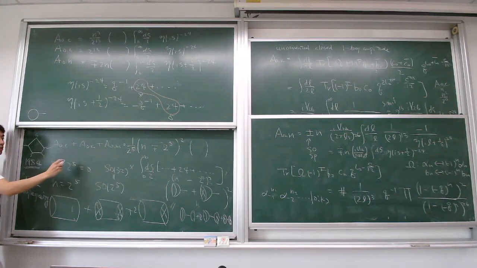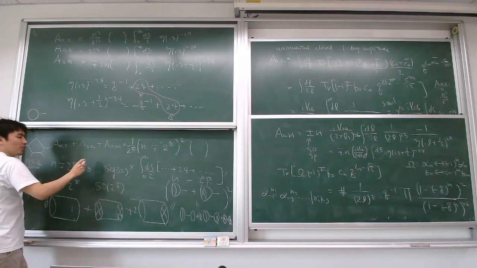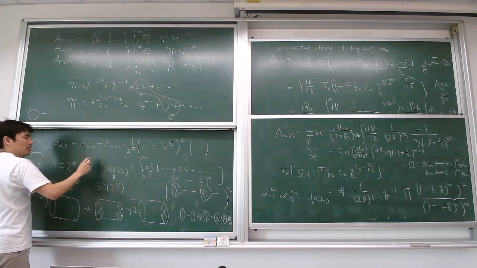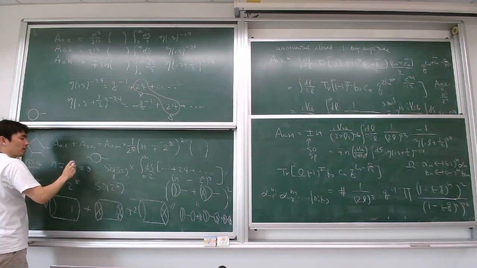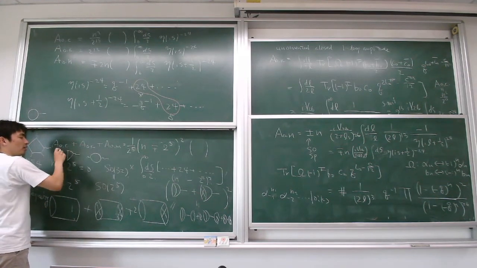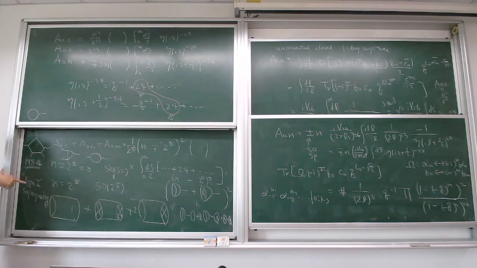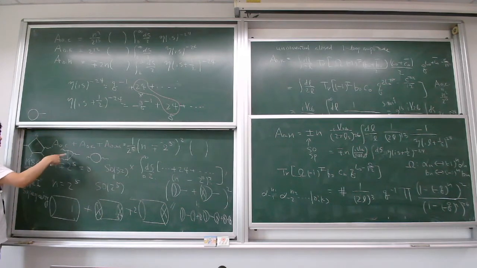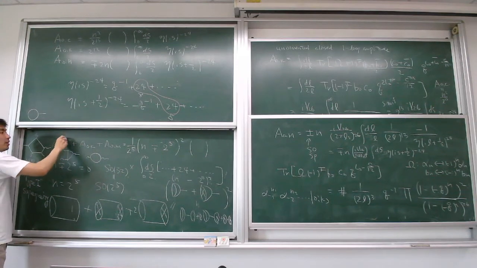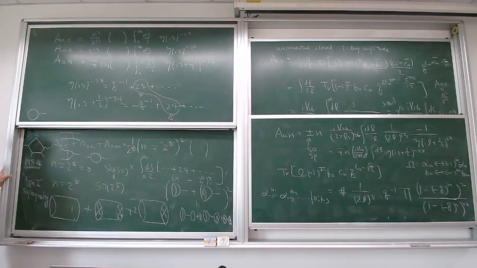So you know, in 2 dimensions you have this anomaly. In 4 dimensions you have a triangle anomaly. That you are already familiar with from QFT courses. Triangle anomaly. In 6 dimensions you have a, okay.